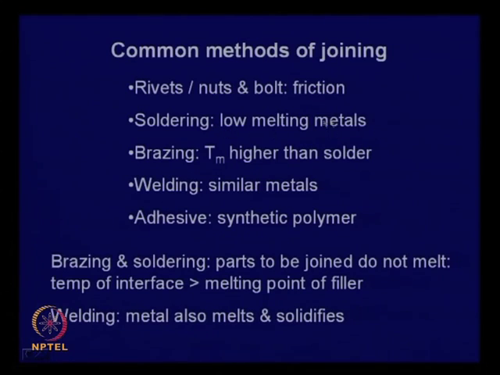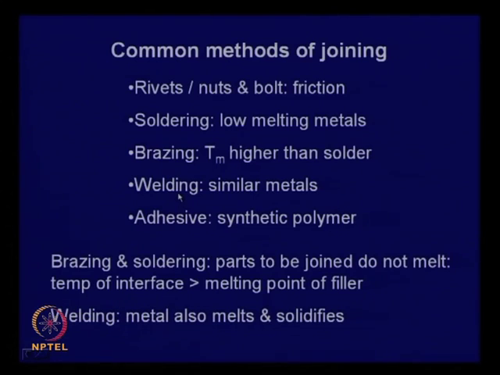In soldering, the melting point of the metal that lies in the interface is very low; it is a low melting metal. In the case of brazing, we use a little higher melting point metal, but it is definitely much lower than the melting point of the metal that we are joining.